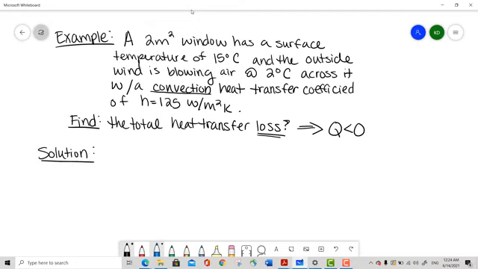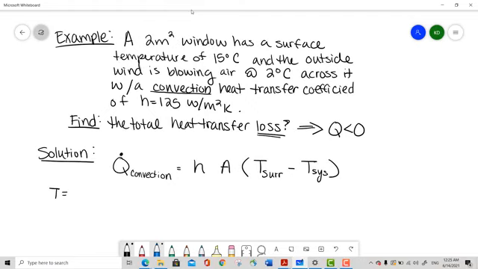Okay, and our power Q convection equals H A times T surroundings minus T system. So that's our formula that was given in the lecture. And then we know T, well, we've got Celsius, but let's get it to Kelvin because we've got Kelvin here.